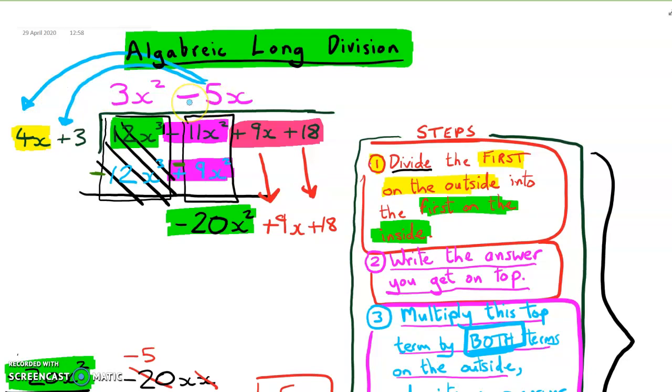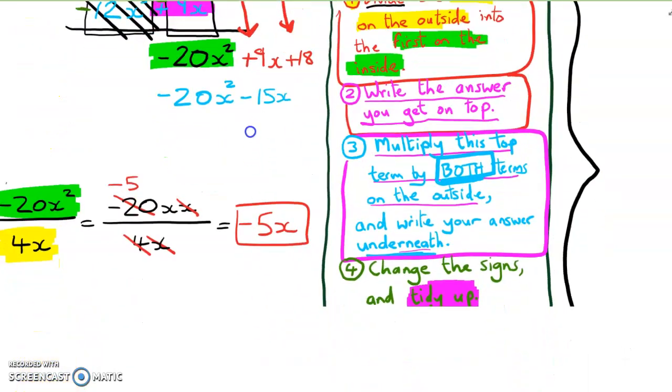So minus 5x by 4x is minus 20x squared. By the way, you know you're going right when the answer you're getting here is the same as what's above it. See the way it was the same over here with the 12x cubed and the 12x cubed. Okay, and now minus 5x by plus 3 will give you minus 15x. Okay, that's step 3 done.